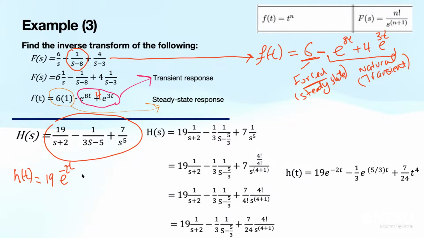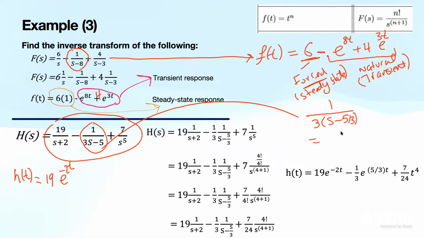Very good. This one also we need to fix a little bit. Before solving this one, in the table we have only s, so we need to divide here by 3. We need to take 3 as a common factor, so it should be like 3 multiplied by (s minus 5 divided by 3). We need to have it like this.